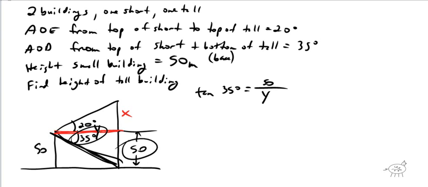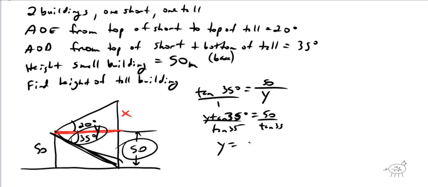We'll call that y on there. Okay? And then let's cross multiply. So y tangent of 35 equals 50. Divide by tangent of 35. So y equals 50 over tangent of 35, which is 71.4.